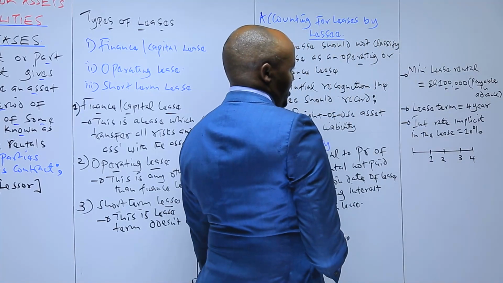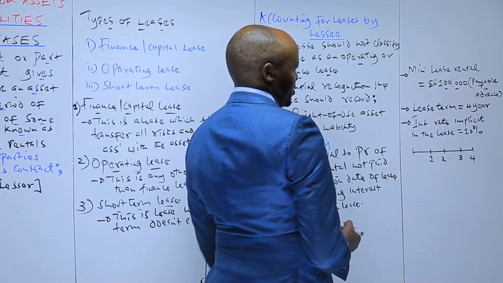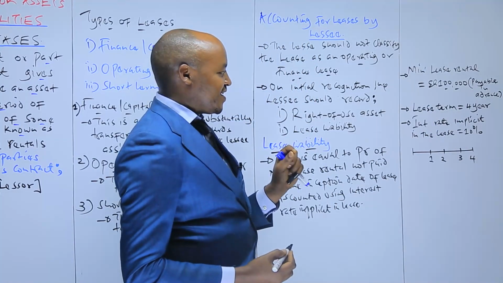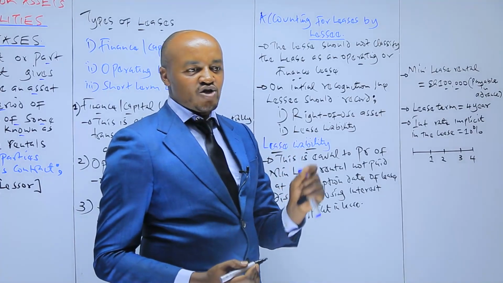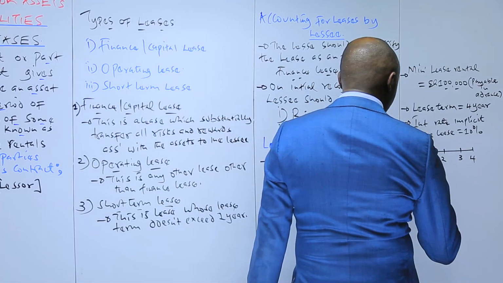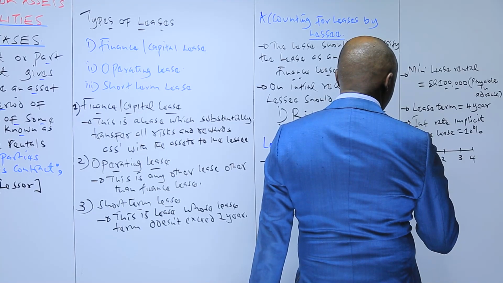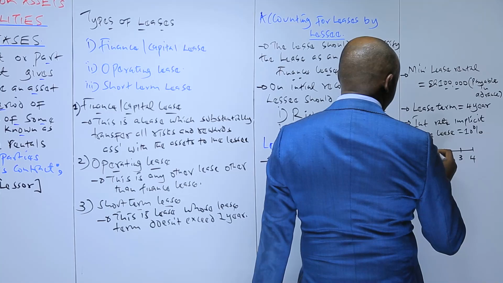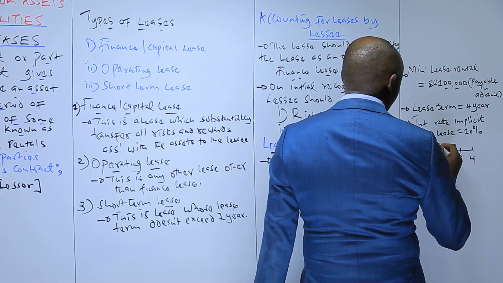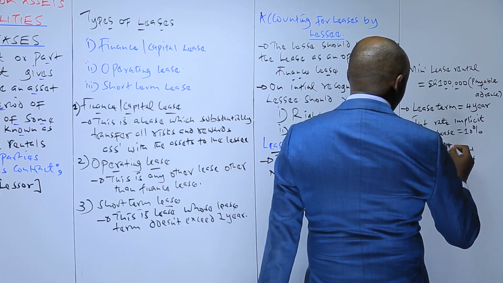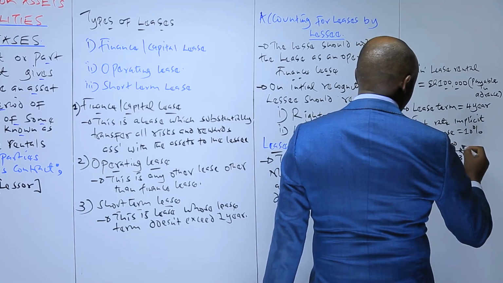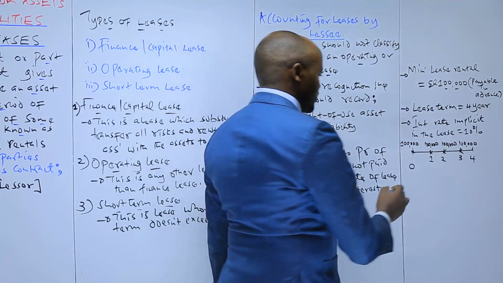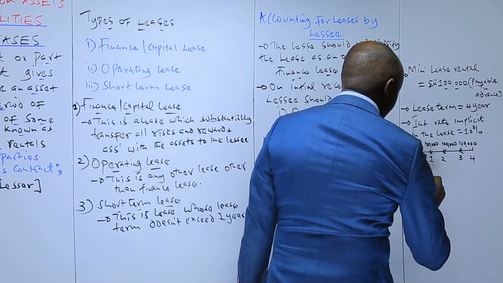The rent to be paid annually is 100,000, paid at the start of each year. The first rent will be paid at the start of year 1, which we refer to as time 0. The other rent will be paid at the start of year 2, the other at the start of year 3, and the other at the start of year 4.